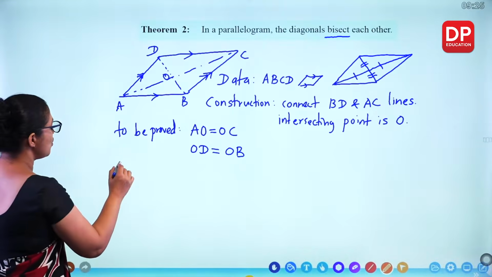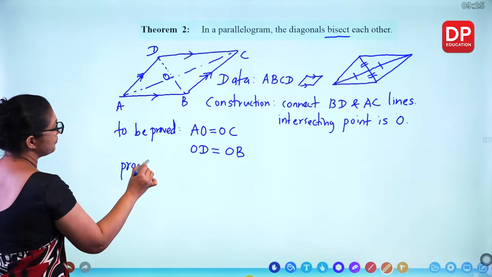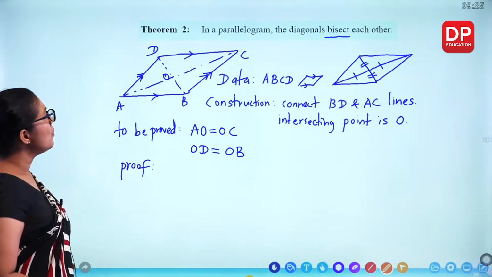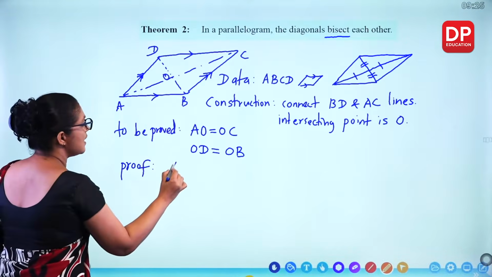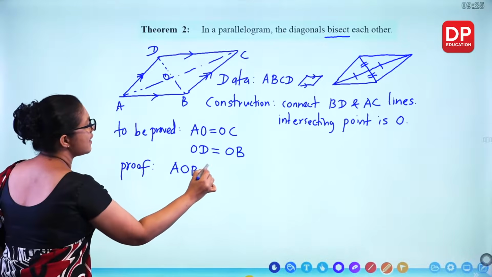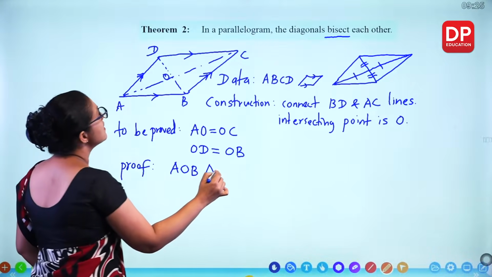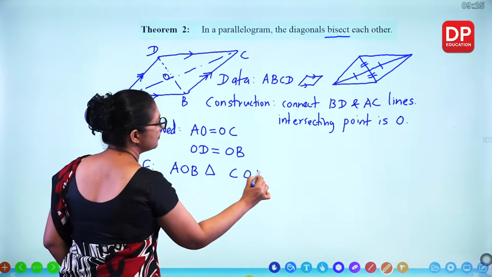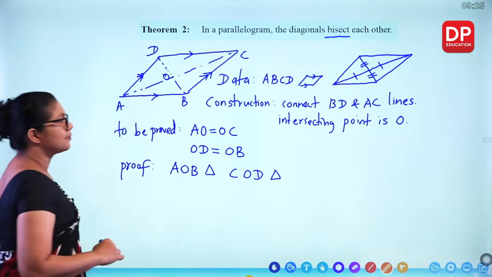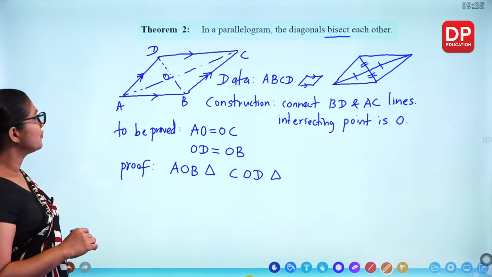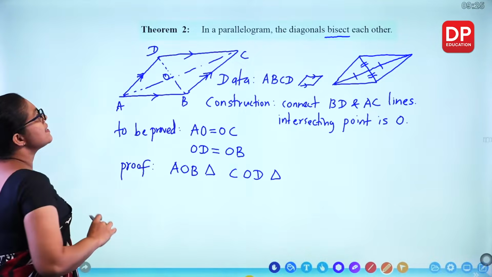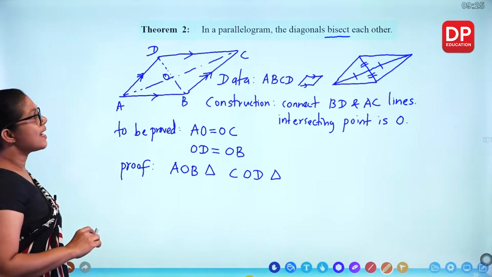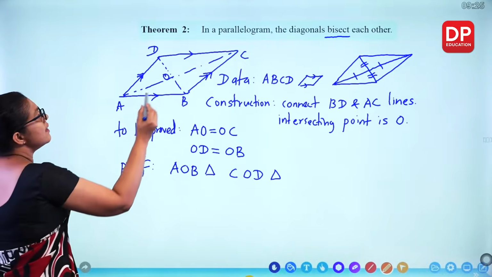Now we'll try to prove this. We'll consider these two triangles, AOB triangle and COD triangle. When I take these two, what can I say about these two? AB, CD lines are parallel.